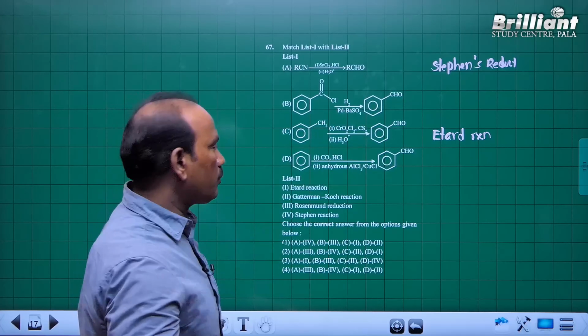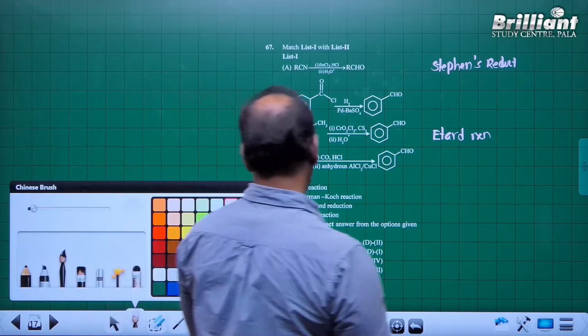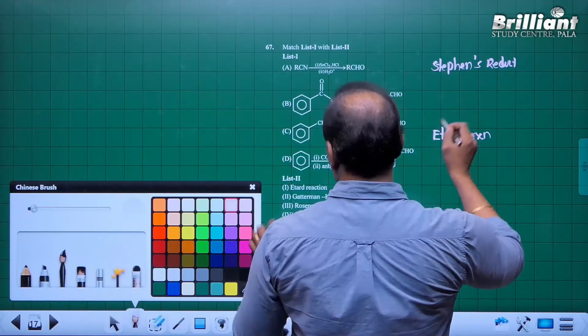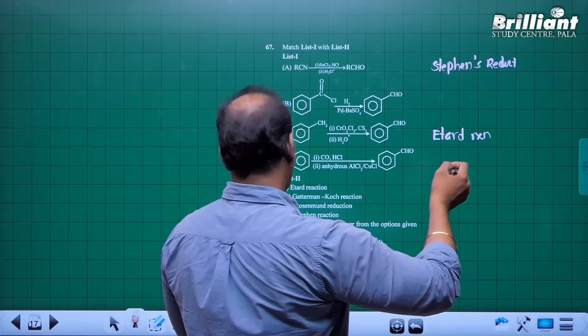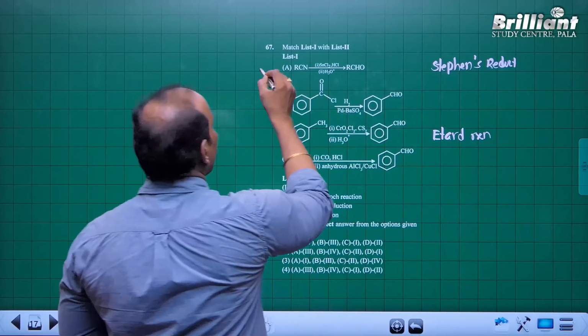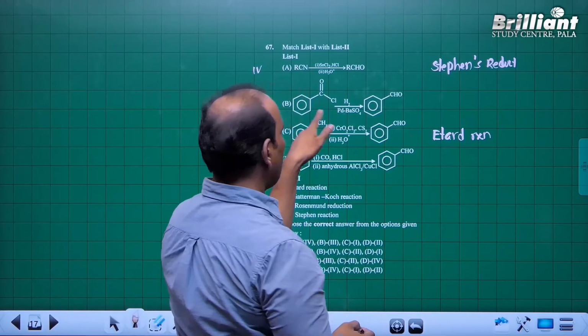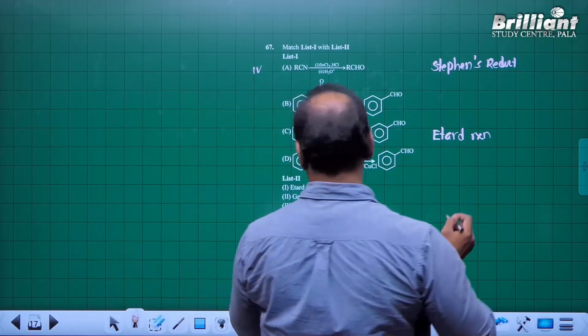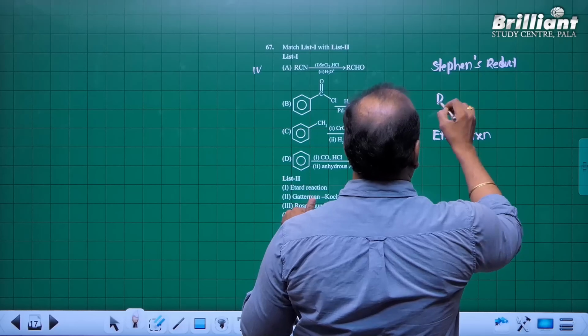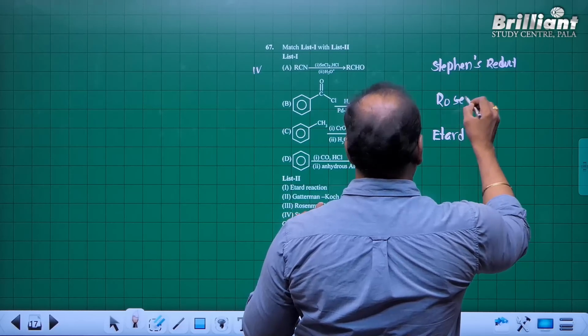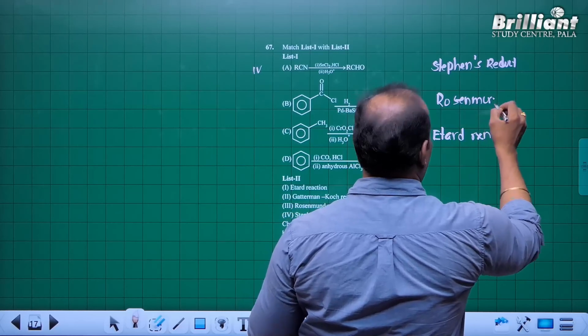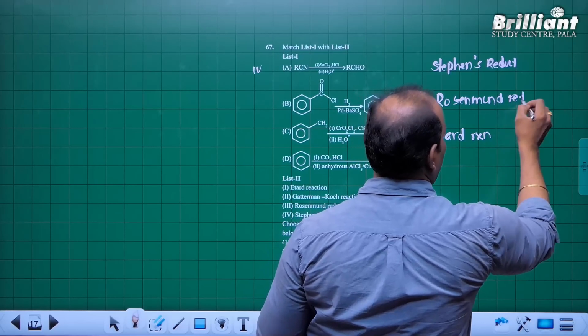You get an aldehyde, which is the Rosenmund reduction. The Stephen reduction is the 4. This is acid chlorides. That is the Rosenmund reduction.